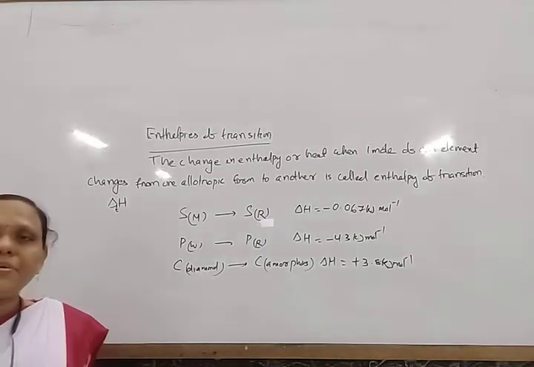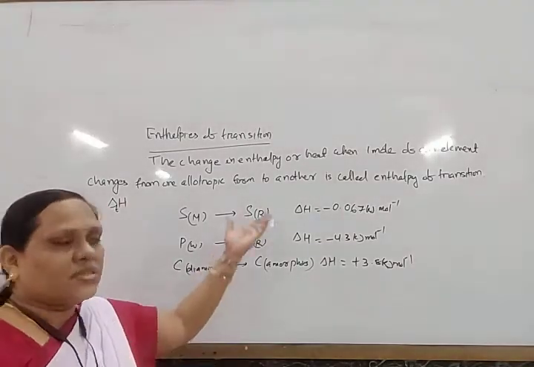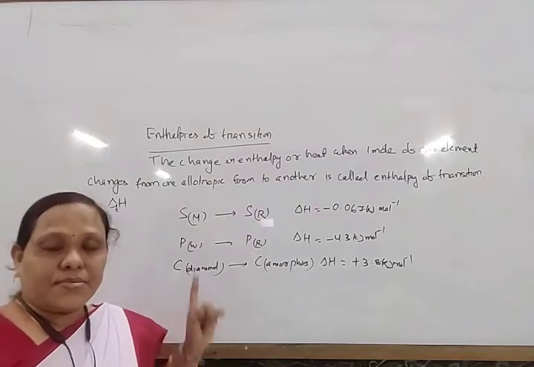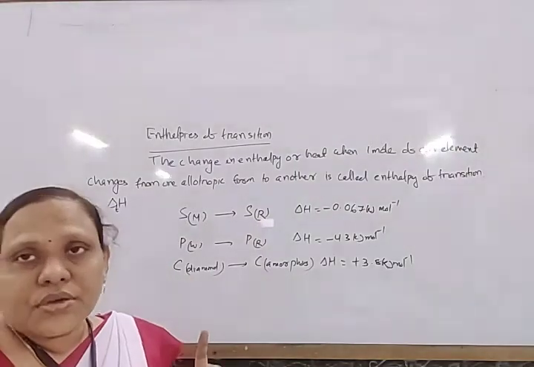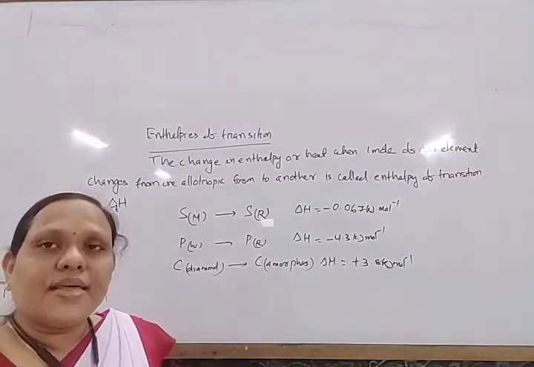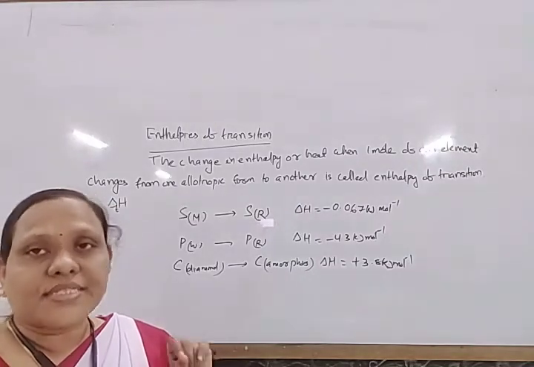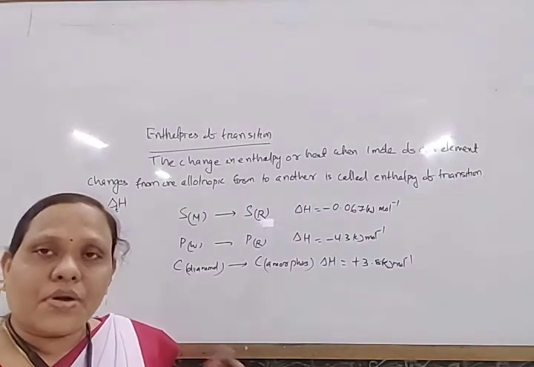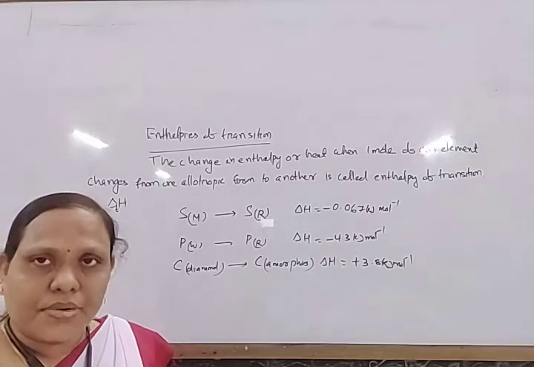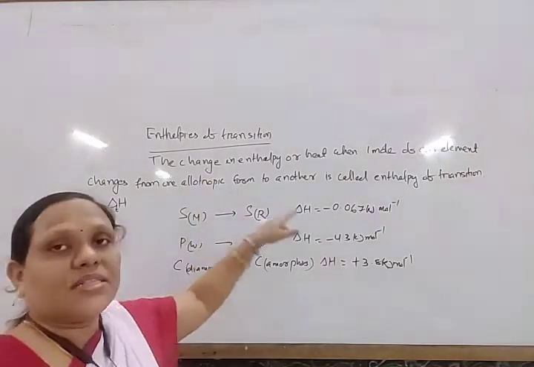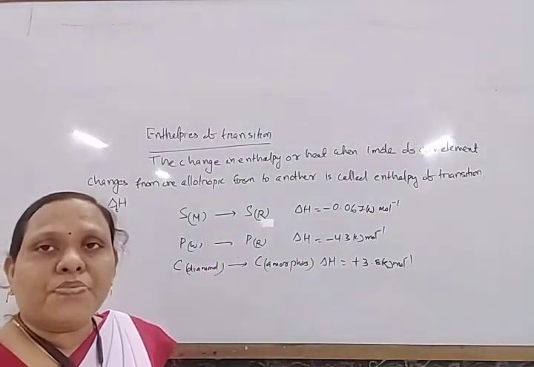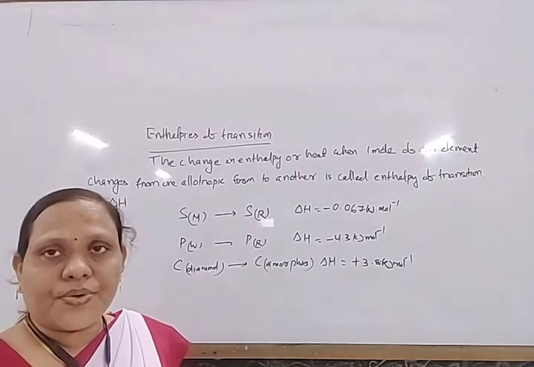So the enthalpy of transition may be positive, may be negative. Remember, the enthalpy of combustion is always negative. The enthalpy of neutralization is always negative. The enthalpy of formation may be positive, may be negative. The enthalpy of transition also may be positive, may be negative.